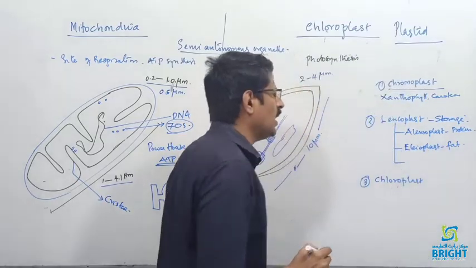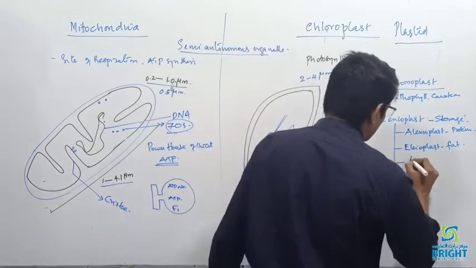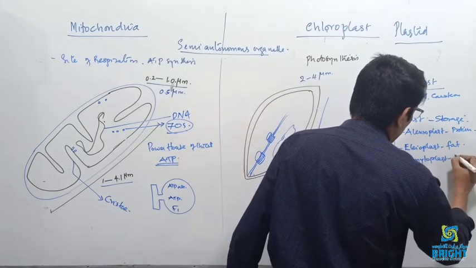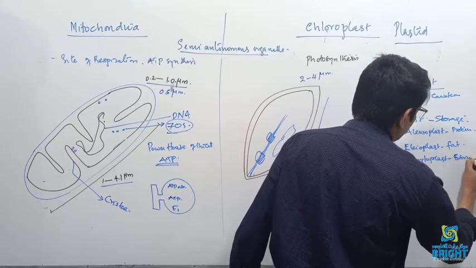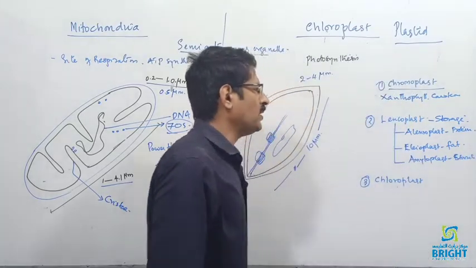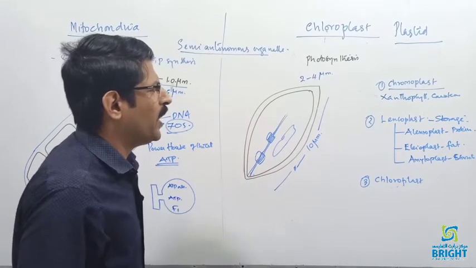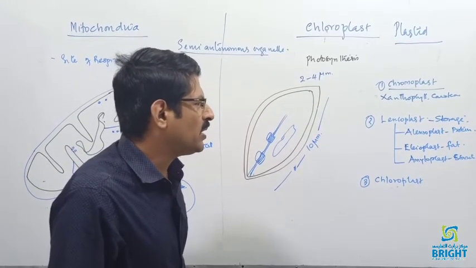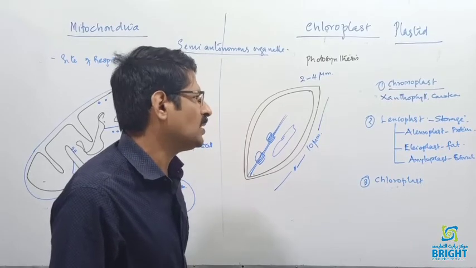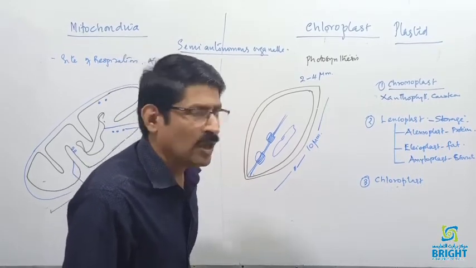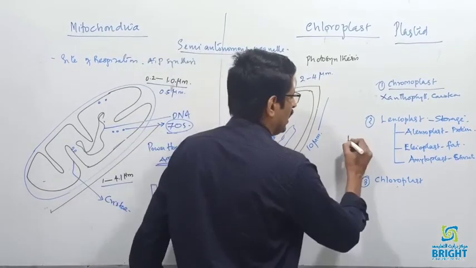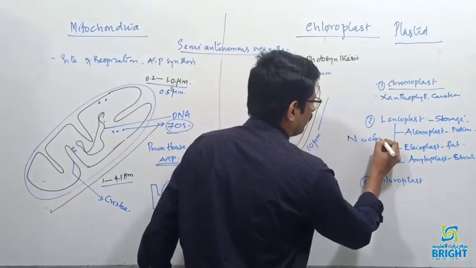And the third is amyloplast, which stores starch. So aleuroplast stores protein, elaioplast stores fat, and amyloplast stores starch, and the leucoplast is the storage plastid which does not have any color.